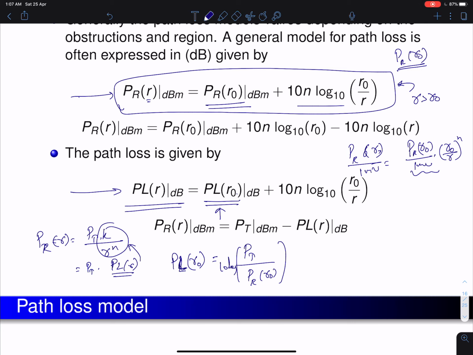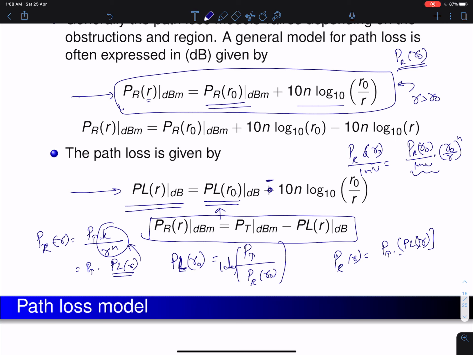I think there is a minus here because path loss is a positive number, so here I have subtracted. If you see here, Pr of r on a linear scale is going to be Pt into PL of r, where PL of r is the path loss at a distance r.